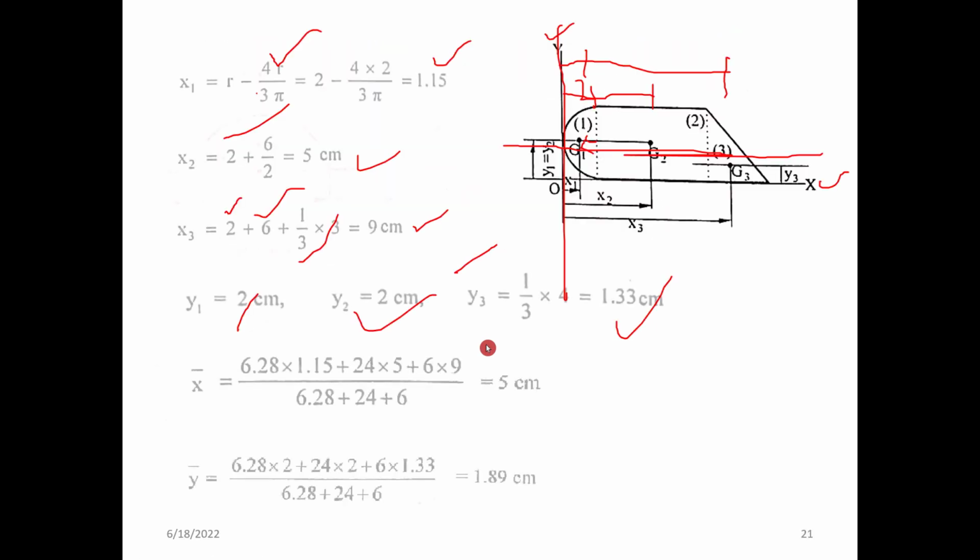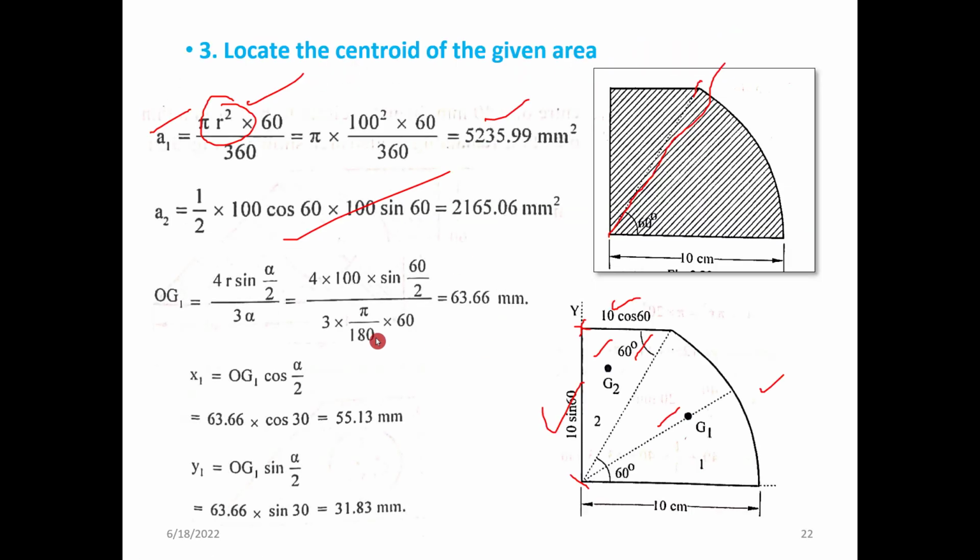So that equation is applied here to find the OG1. Alpha is 60-degree, so you can apply those values and find that OG1 is equal to 63.66. This is actually along this inclined direction.